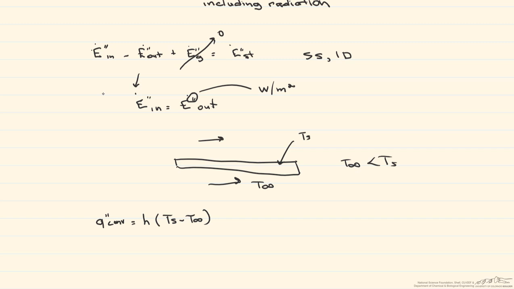And here, since the plate is exposed to fluid on both sides, and we're going to assume that h is constant, our total convection is going to be equal to 2 times h times Ts minus T infinity.